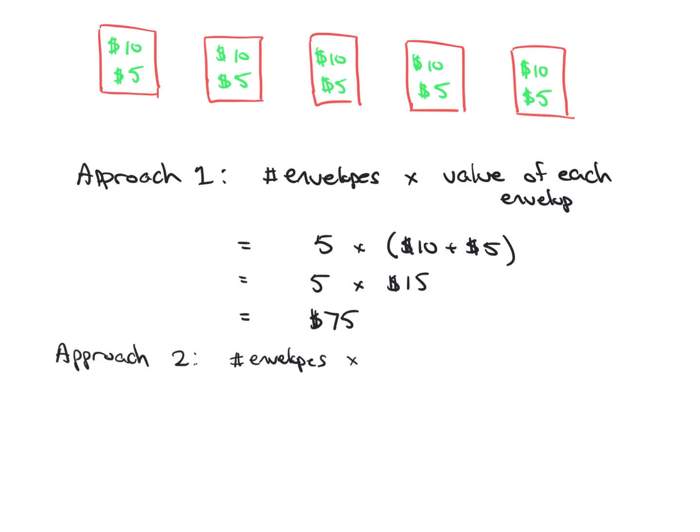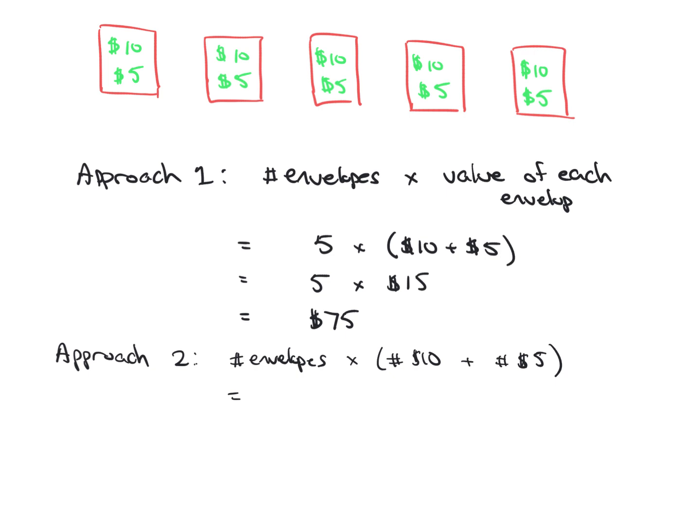We're going to multiply that by how many $10 bills there are, and then also multiply it by how many $5 bills there are. So the number of $10 bills and the number of $5 bills. But we're going to do that separately and then add them together afterwards.